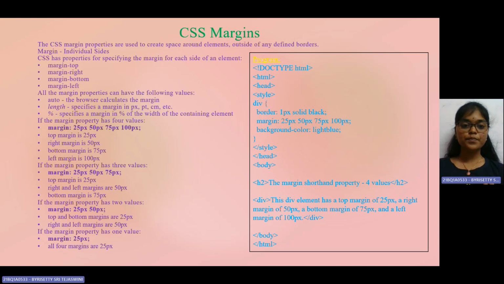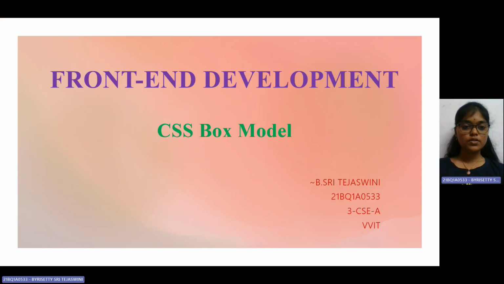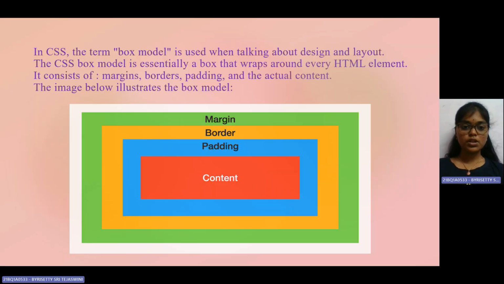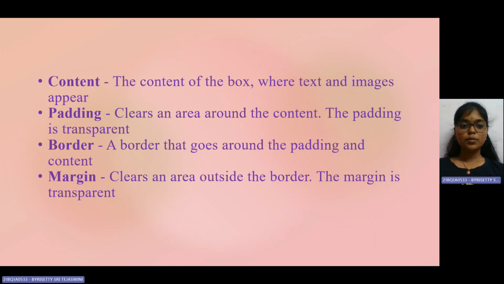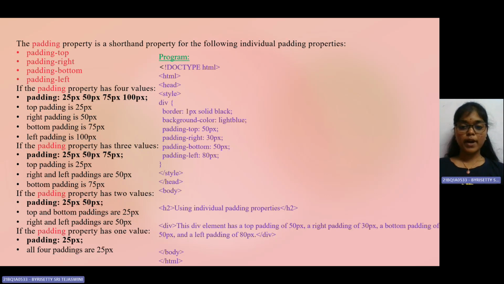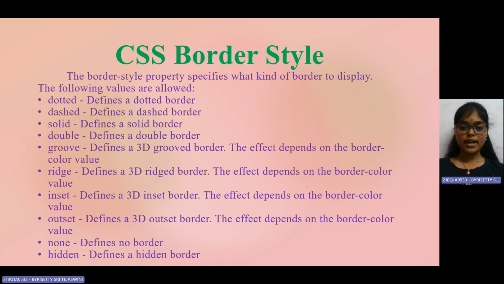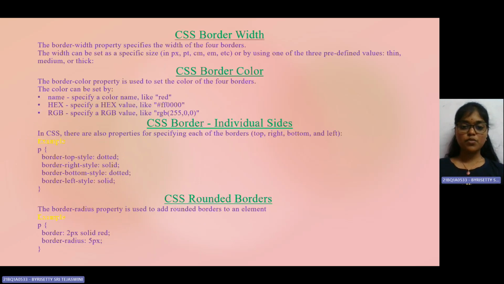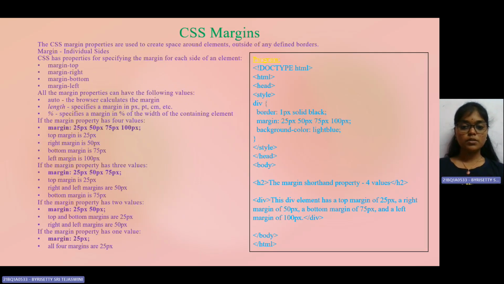What we discussed here is the box model, how it works, and the properties of the box model, properties of padding and border style, and properties of borders, and margins, CSS margins.